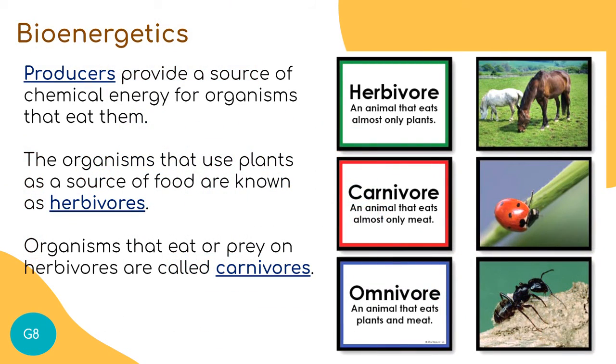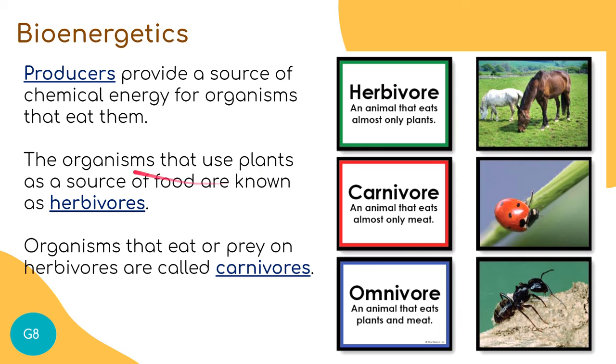Now, these are some of the words that hopefully will help you better understand the relationships of living things in an ecosystem and how energy transfer happens, okay? These are very easy terms to remember. Producers are called producers because they provide the source of energy, specifically chemical energy, for other organisms that eat them. Producers are your photosynthetic plants and algae. They perform photosynthesis, take in solar energy, convert it into chemical energy, and once they are eaten by other organisms, they transfer that energy.